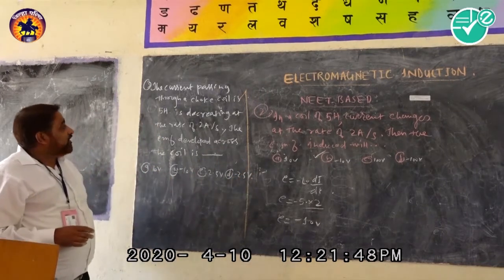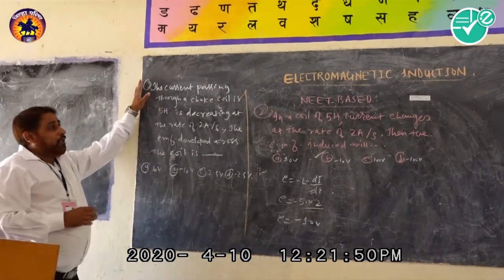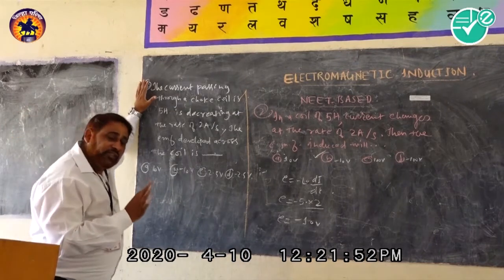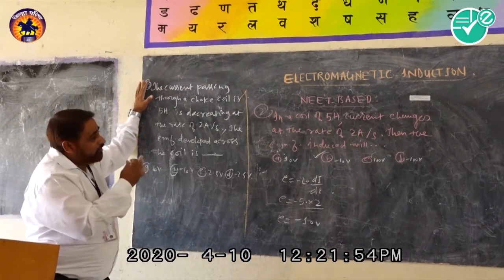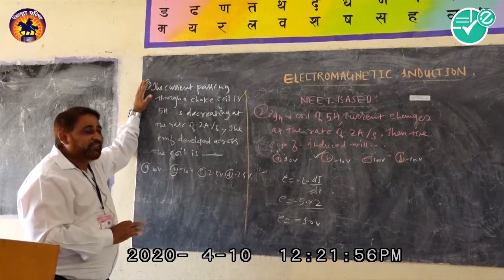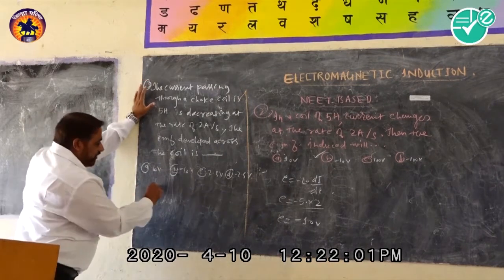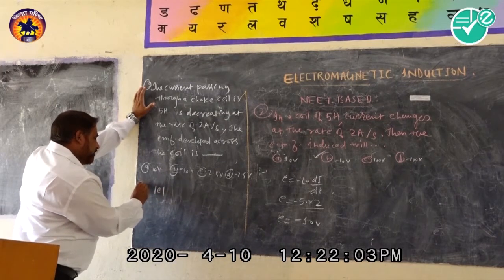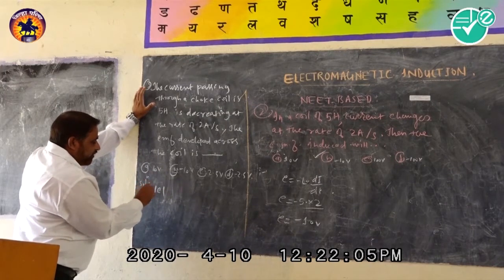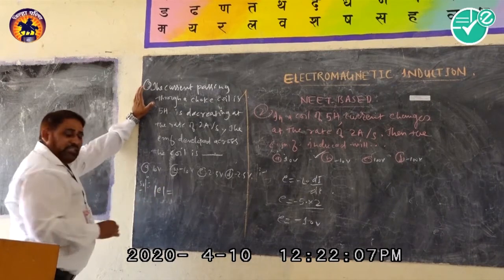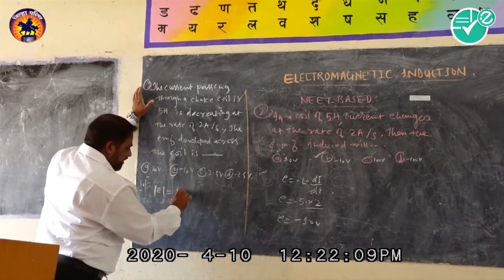So dear students, let us see here. We are talking about self and mutual induction, and we are practicing the same numericals, so the same formula will be repeated here. We are interested to find the EMF whose absolute value will be equal to L into di by dt.